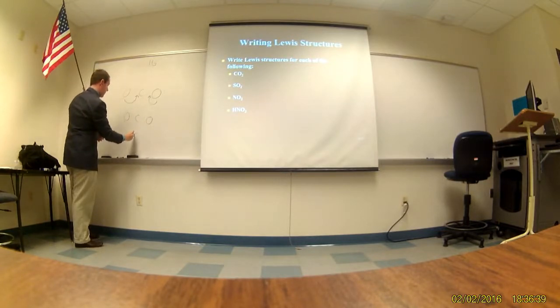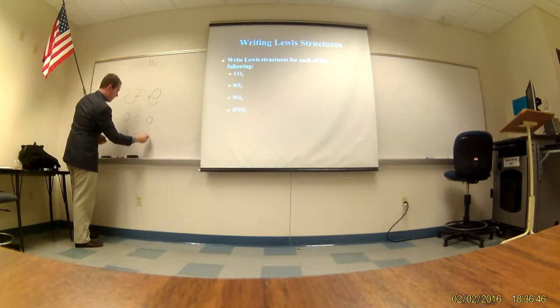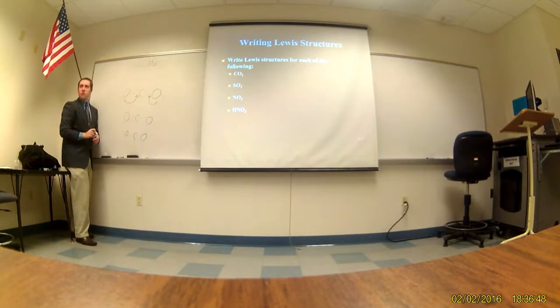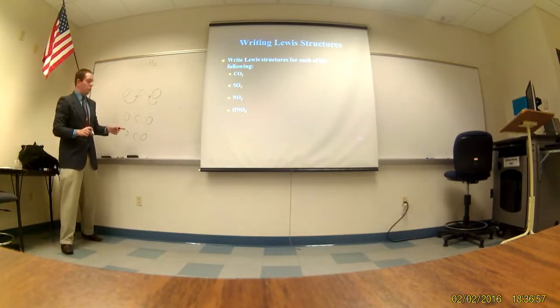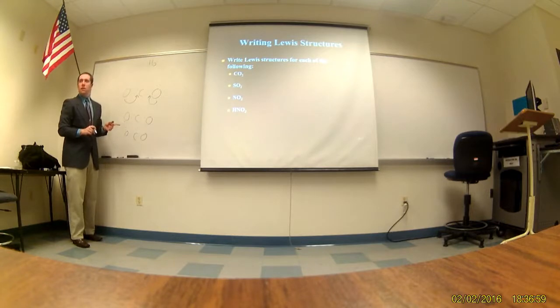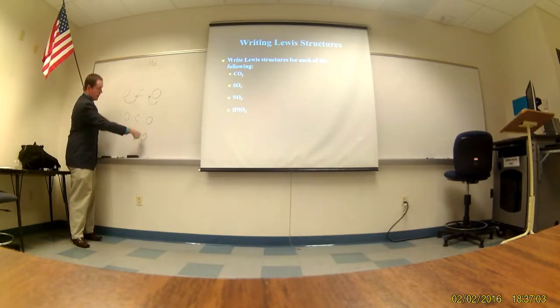Why would I not do that? Make a triple and a single. It's uneven, but we're going to have structures that are uneven. What rule does this break? No, it doesn't break the octet. We have 8 and 8 and 8.